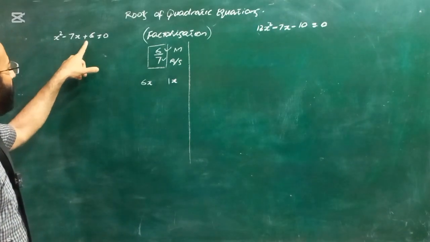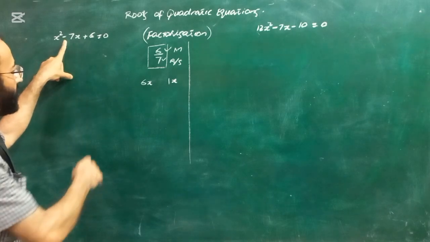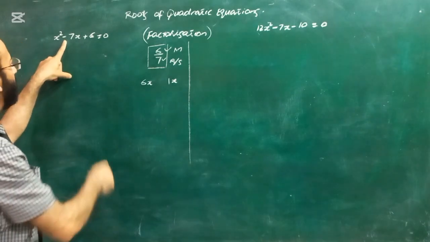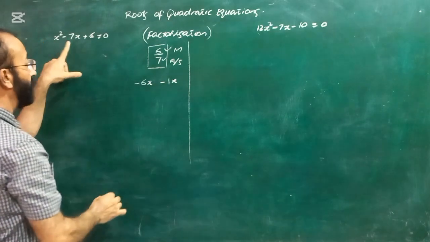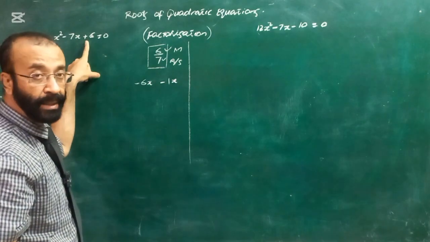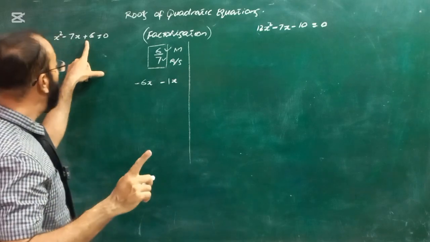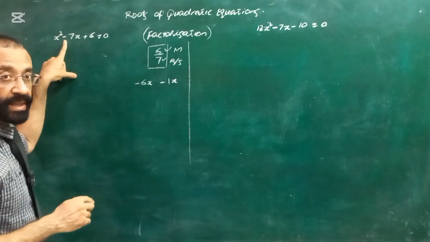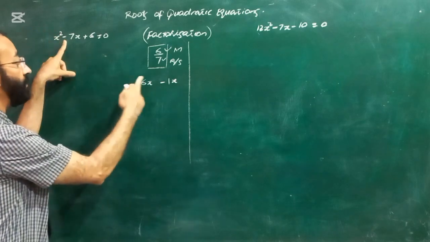So the previous sign will decide which signs the factors will have. So this is a minus sign, so both will have minus, because this sign has decided that both factors will have the same signs, and the previous sign decides which one, so both will have negative sign.